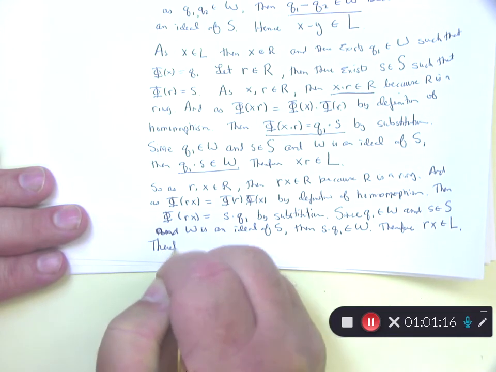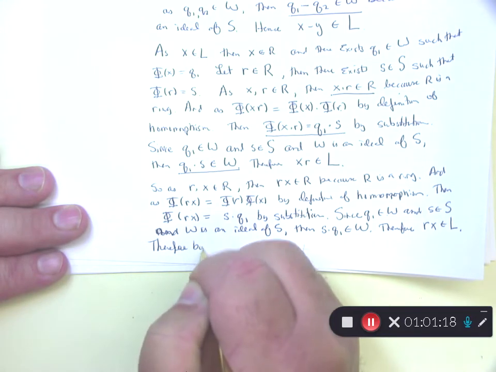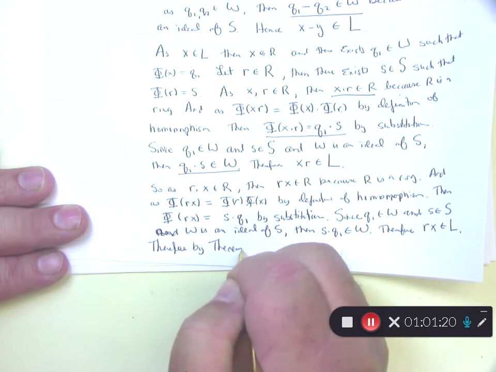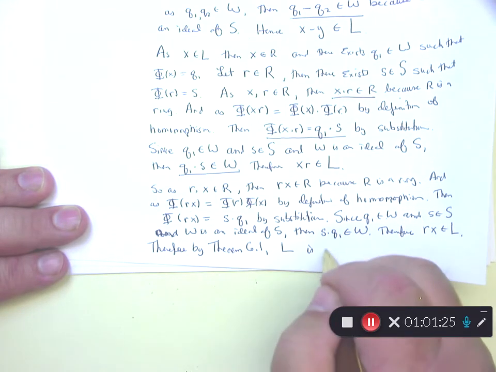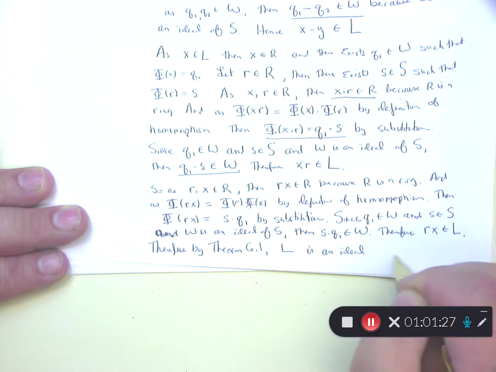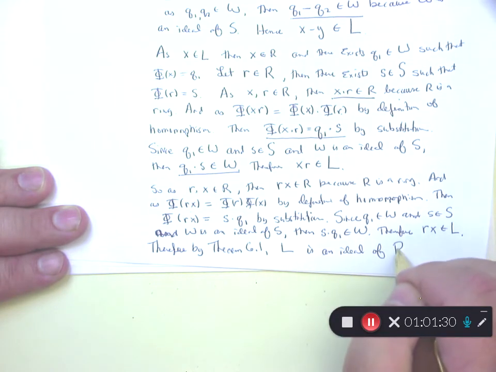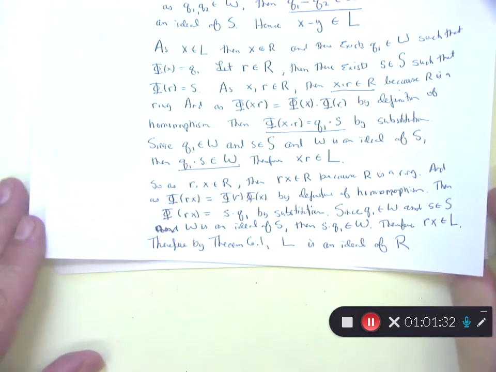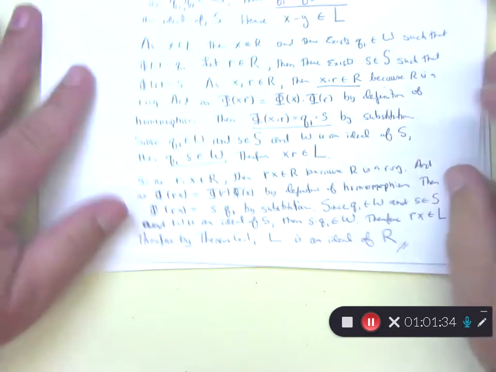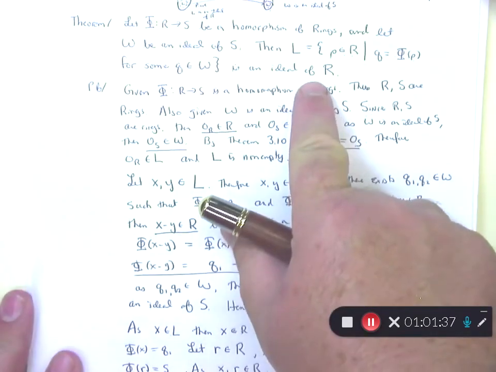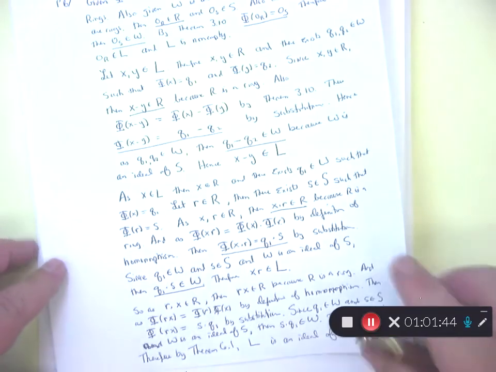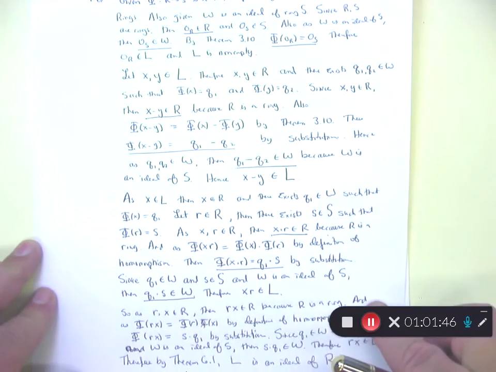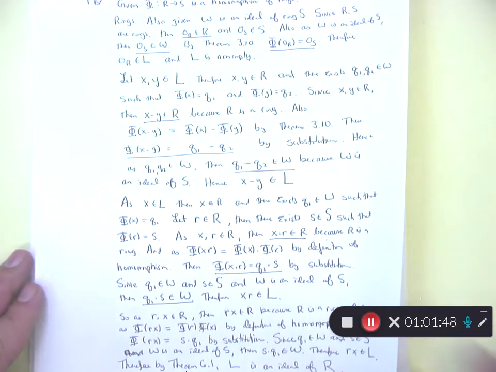Therefore, by your favorite theorem, Theorem 6.1, L is an ideal of R. Remember where the elements came from, R, and that's what I was supposed to be proving. So here is an awesome proof of that particular theorem, and yes, it does fill up the entire page.